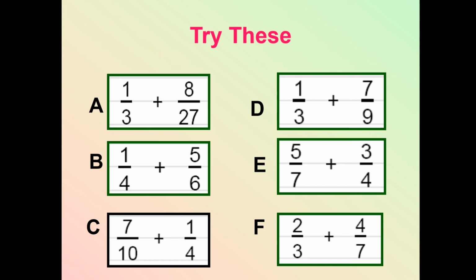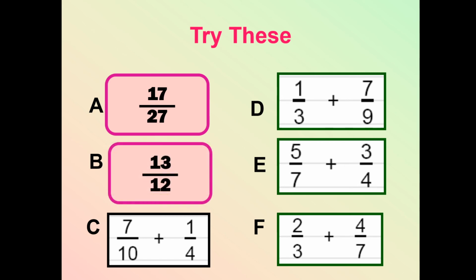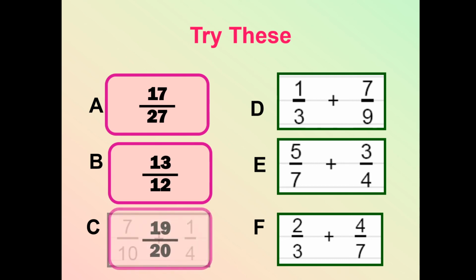For letter A, 1 over 3 plus 8 over 27, the answer is 17 over 27. For letter B, 1 over 4 plus 5 over 6, the answer is 13 over 12. For letter C, 7 over 10 plus 1 over 4, the answer is 19 over 20.